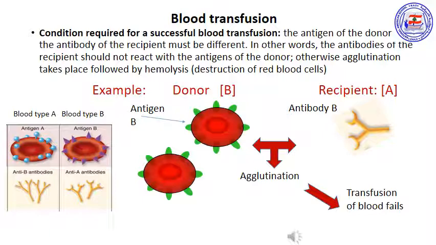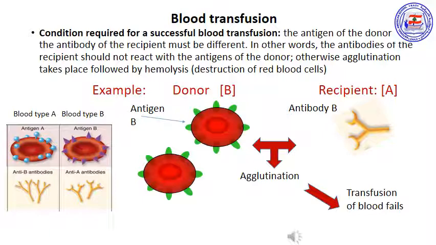So, you have here an example between an individual who is a donor of blood group B and another individual who is a recipient of blood group A. By referring to the small table that you see on the left, the donor B, we care mainly about his antigens present on the surface of red blood cells. So the donor B, being of blood group B, what does he have as antigens?